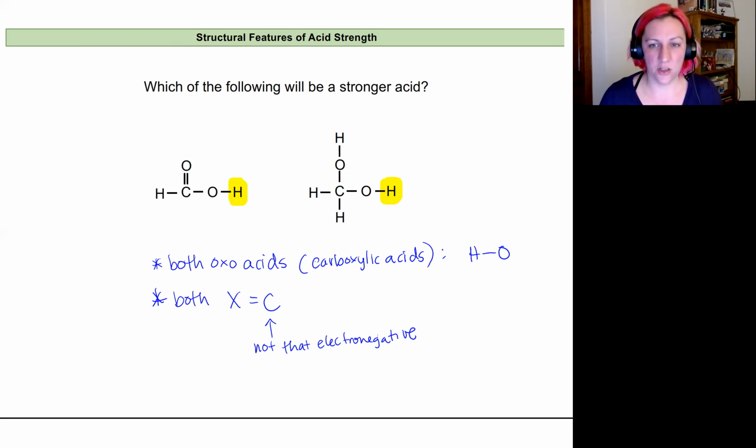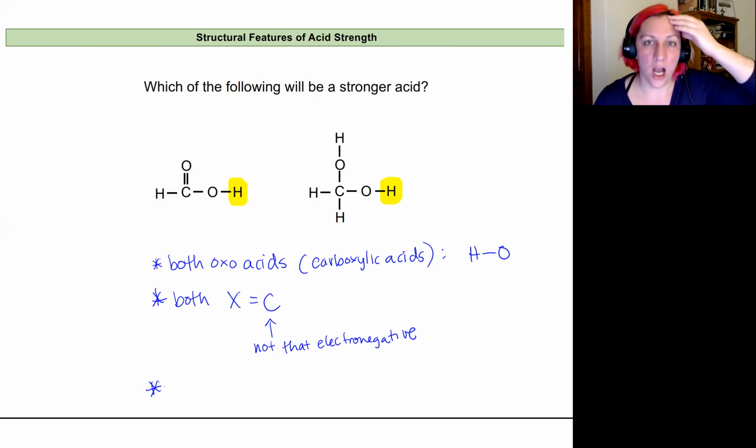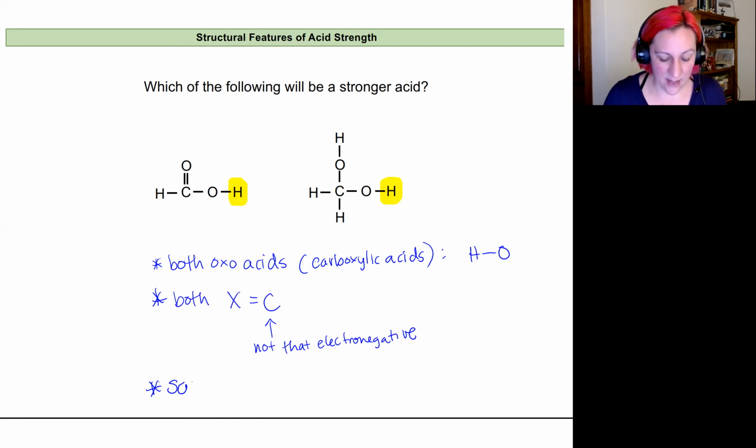Hydrogen bonded to oxygen, bonded to carbon. So then what about the number of oxygens? Well, there's one oxygen bonded to the carbon other than the oxygen that the hydrogen's attached to. So it has the same number of oxygen atoms. So all of these things are the same.